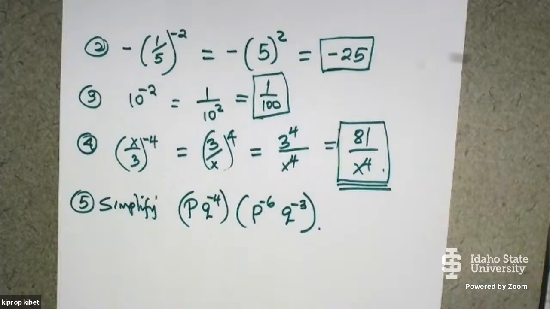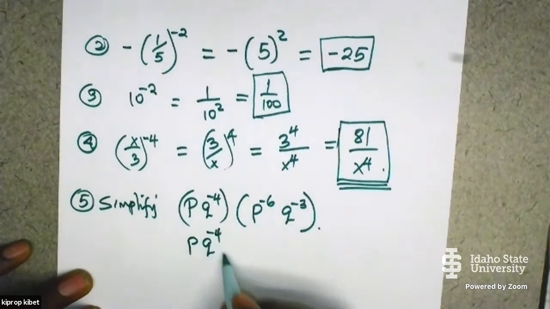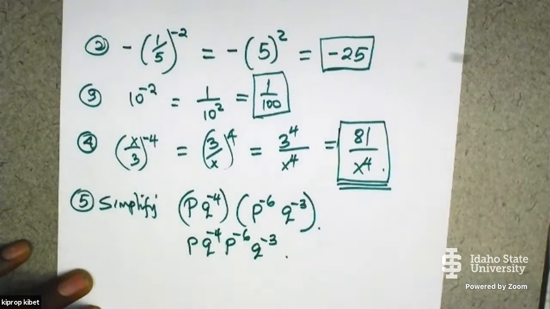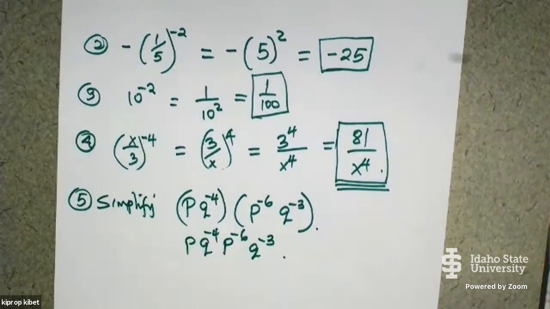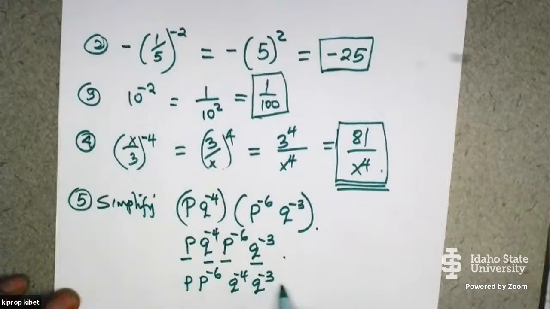So it is just multiplying that. It is similar to p q minus 4 times p raised to minus 6 q raised to minus 3. And then you collect the like terms. So it can be p raised to minus 6 q minus 4 q minus 3.